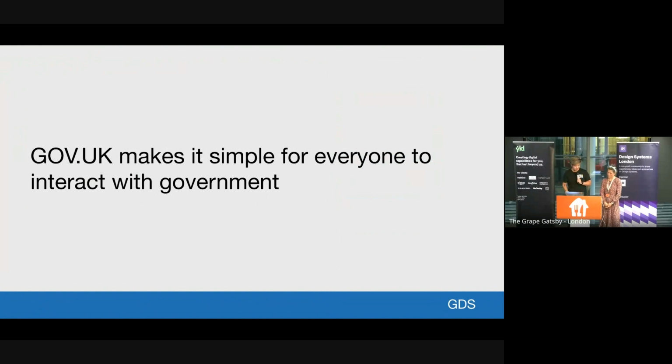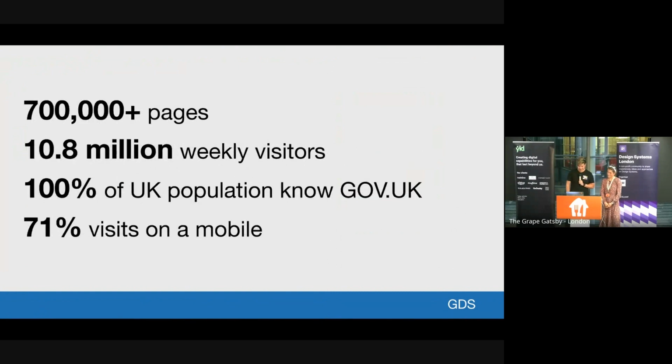So we're going to dig a little bit more into that. But first, the slide of big, impressive numbers. GOV.UK is an essential part of living, working, and studying in the UK. 100% of the UK population have heard of us. I don't know exactly where we got that number, but these were the slides I was given. And of course, this makes us one of the most famous digital services websites in the UK.